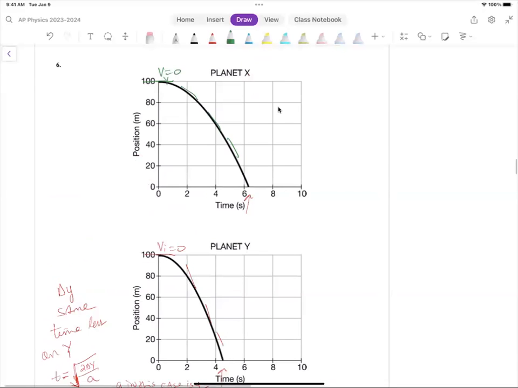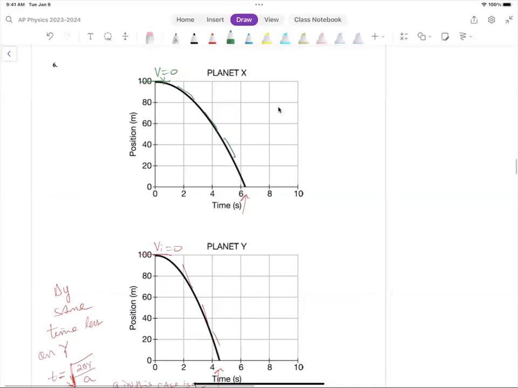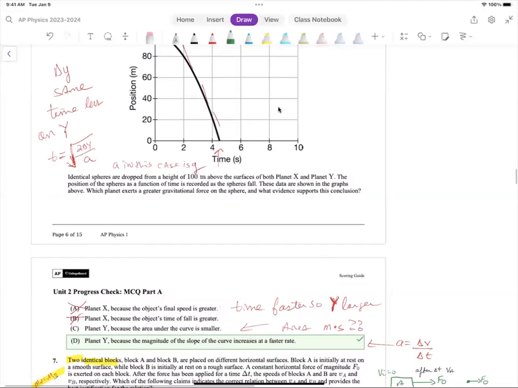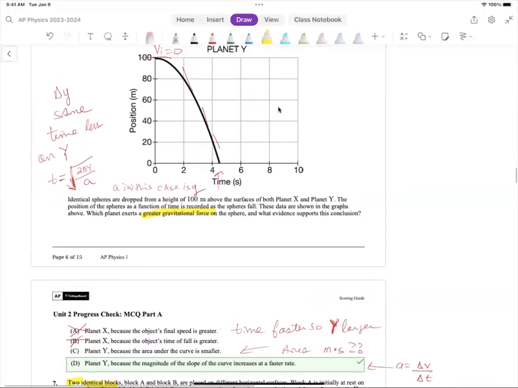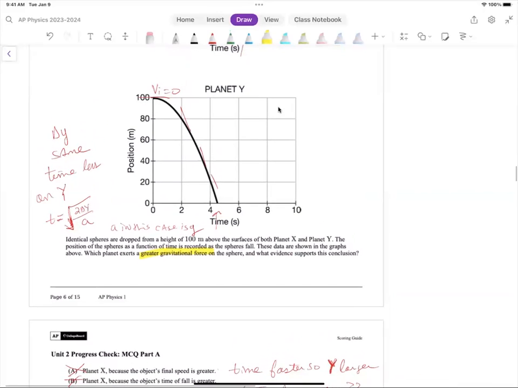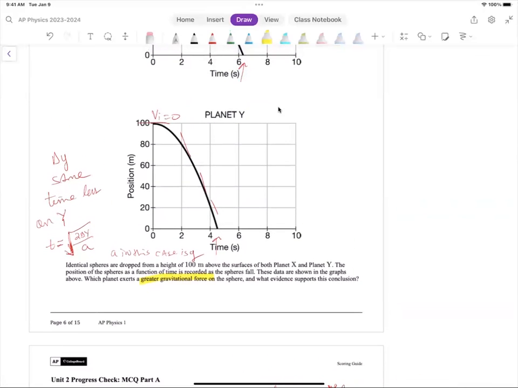One of them gets to the ground in just over 6 seconds, and one is just over 4 seconds, we'll say. Which planet exerts a greater gravitational force on the sphere, and what evidence supports this? They're identical spheres, they have the same mass, it wouldn't matter anyway. Okay, no, it would matter, excuse me. Gravitational force equals mg. They told me they're identical, so mass is the same. All I really need is which one has the largest g.